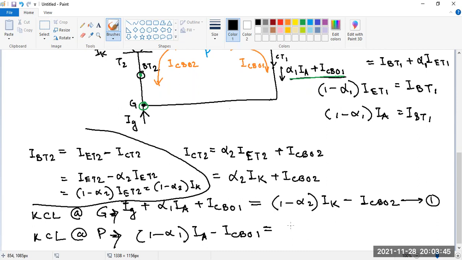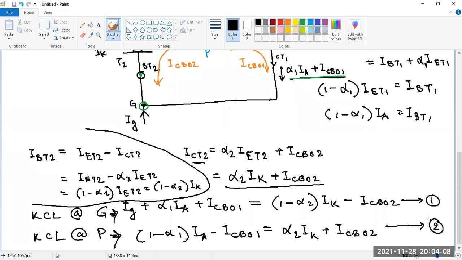Alpha 2 IK, because it is nothing but ICT2. So this current I will write here: alpha 2 IK plus ICBO2. So this is the KCL number 2.